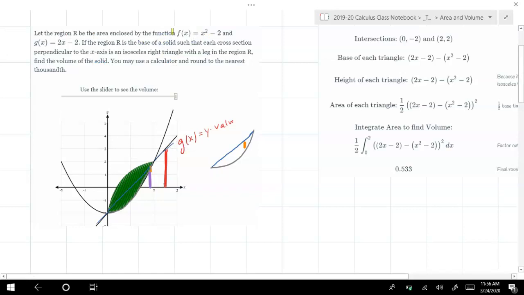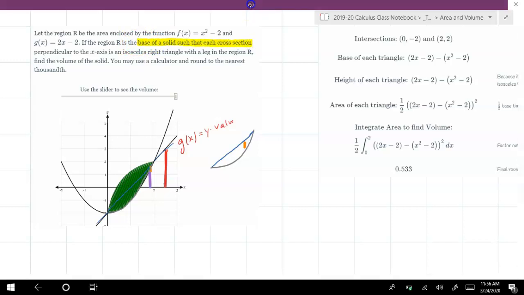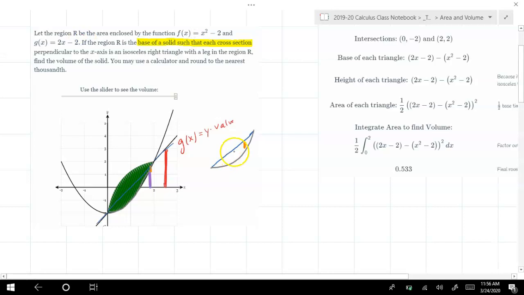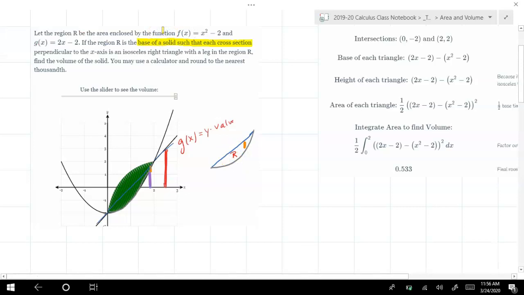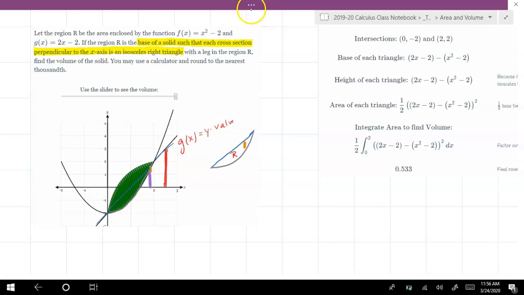So if the region R is the base of a solid, such that each cross-section, meaning one piece perpendicular to the x-axis, straight up and down, vertical from the x-axis, is an isosceles right triangle with a leg in the region R. Let's unpack that.